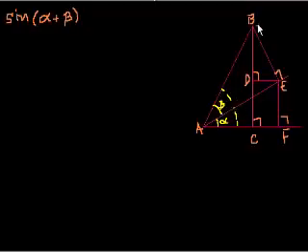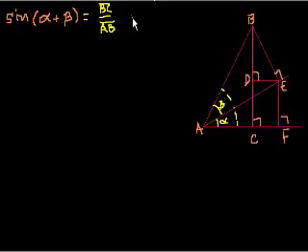If we use this right triangle, triangle BAC, opposite is BC, so that equals BC over the hypotenuse, AB. BC over AB is the sine of alpha plus beta.